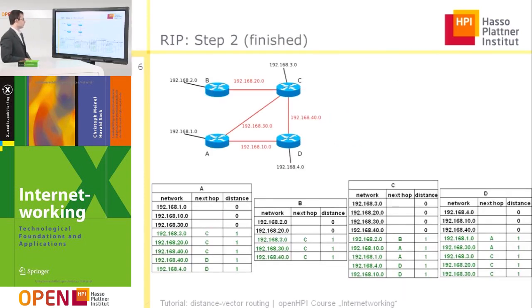Now, after all information between all routers was exchanged, the routing tables of the 4 routers will look as follows.